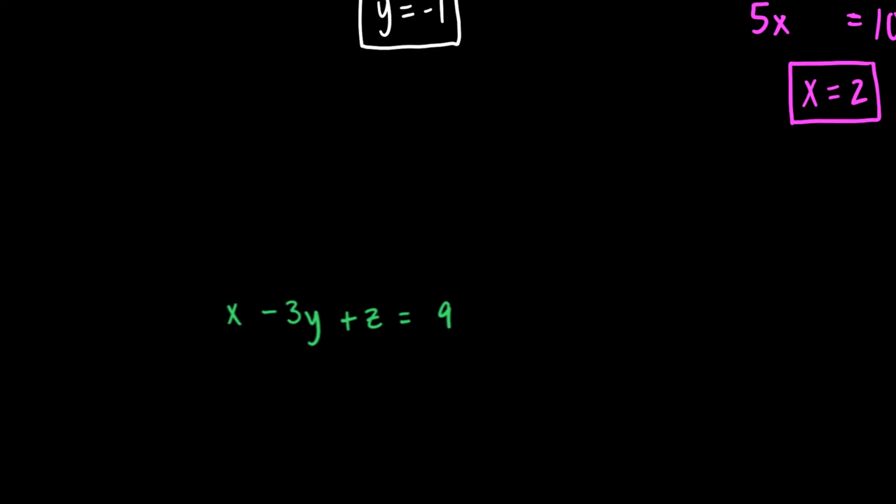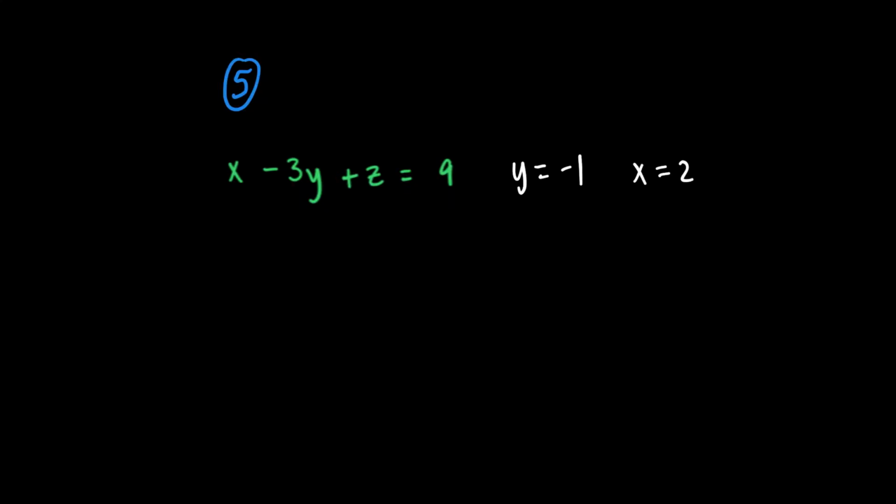So we'll do step 5 here. And what we're going to do is we're going to use the green equation. We already know that y is equal to -1 and x is equal to 2. So we're just going to fill that information in now.